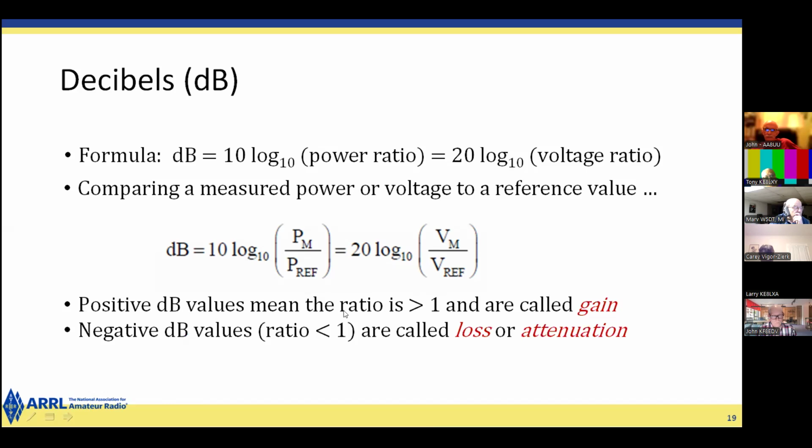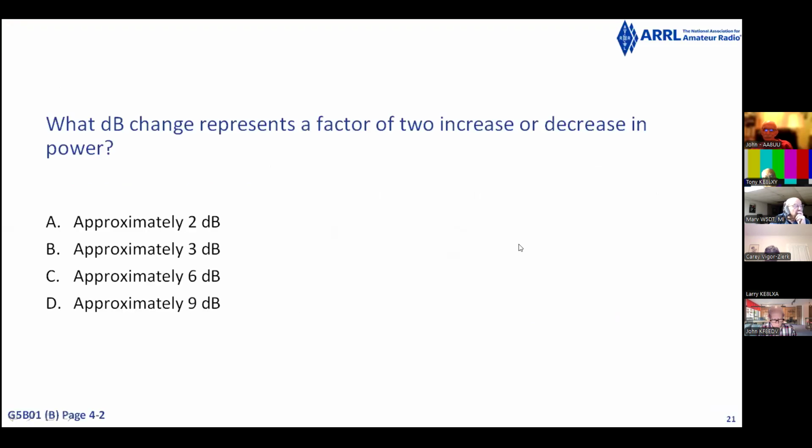Positive values mean the ratio is greater than 1, meaning a gain. Negative values are called loss or attenuation.